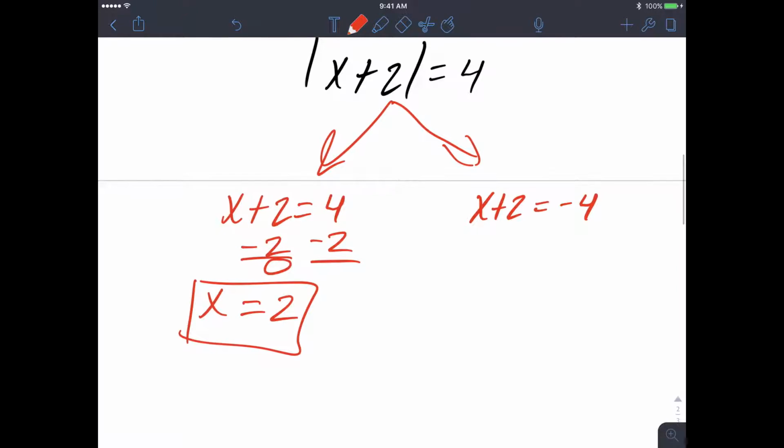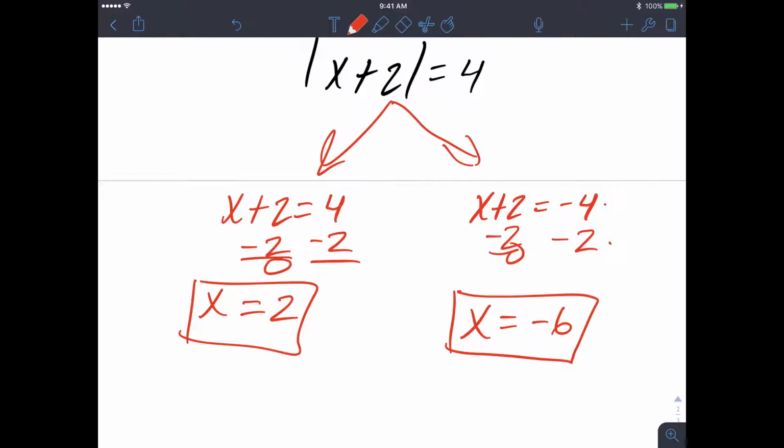Now we do the other side. Subtract 2 from -4, and -4 minus 2 is -6. Okay. And there's your answer. X will equal 2 or x will equal -6.